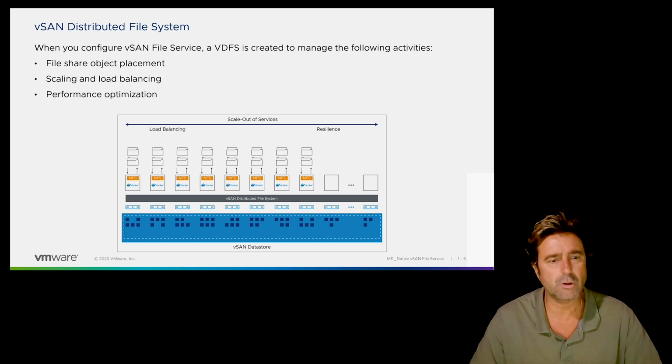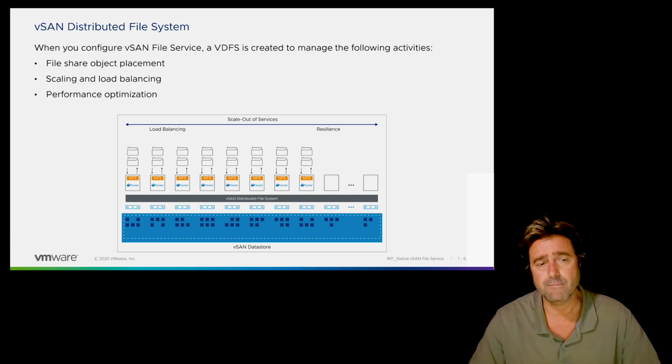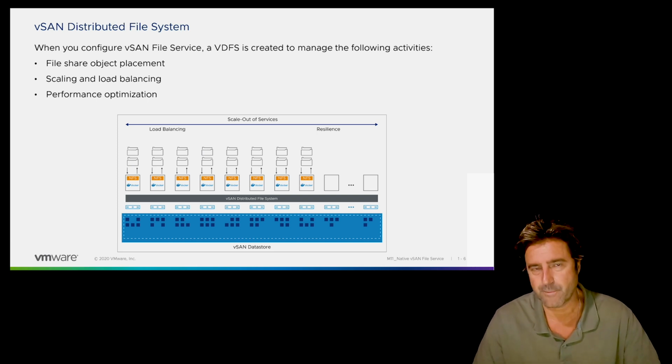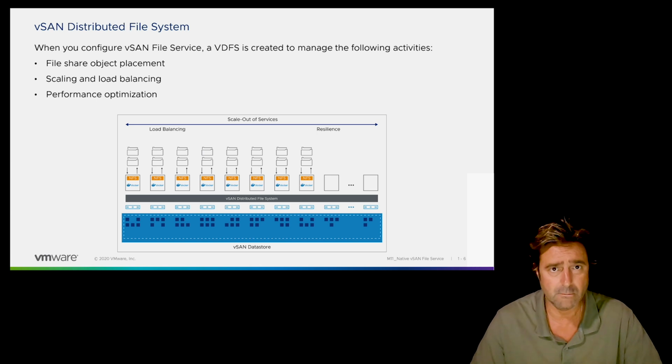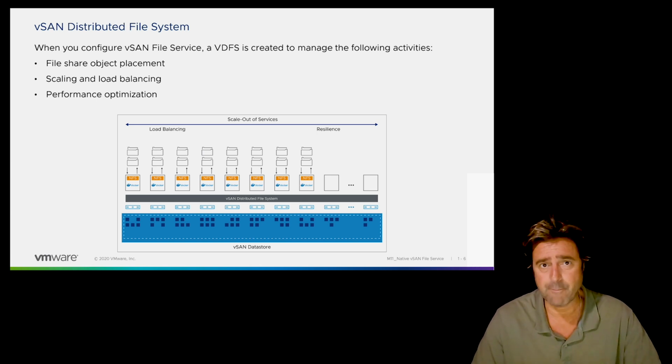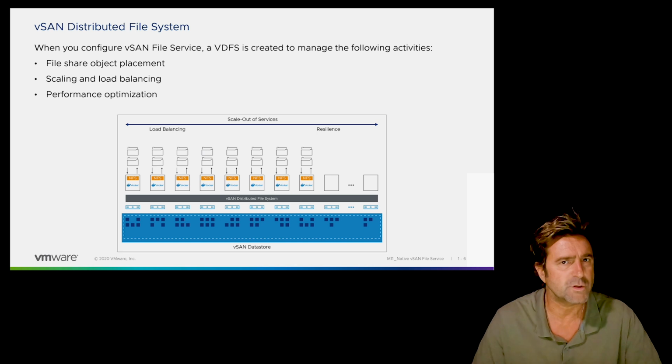This again is controlled automatically. The system is always trying to optimize performance. And again, when it comes to where exactly the share is going to be, remember, this is an object. You get to choose the policy of the object. And push come to shove, you don't know exactly, unless you look, of course, at the vSphere client, where everything resides. You don't choose the individual disk.